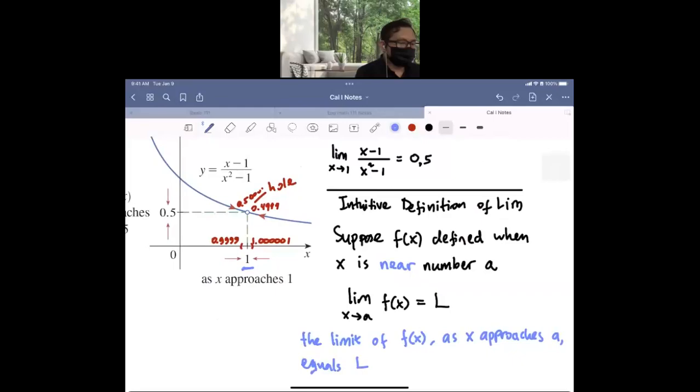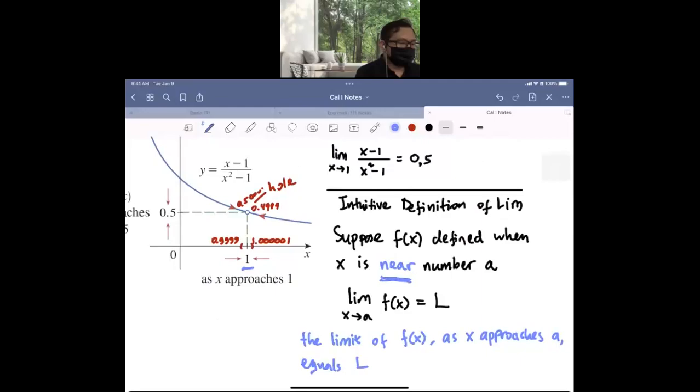Okay, now let me just explain what near means. Near might be in an open interval that contains a, but maybe not a itself, like we did here. There is a hole, the number 1 is not included there. But we can still compute the limit, because what we are going to measure is just near the number a.